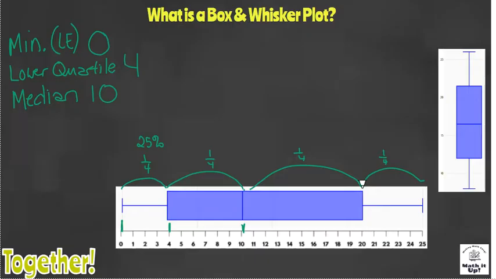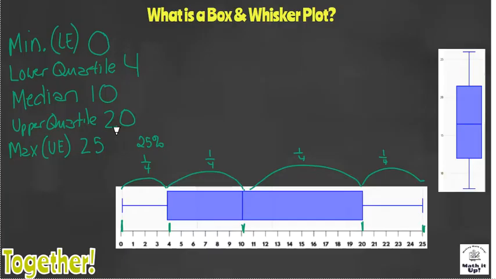And then we have an upper quartile here, and the upper quartile is 20. And then, of course, we have our final number here that's represented clearly, and that is the maximum, sometimes called the upper extreme, and that is 25.